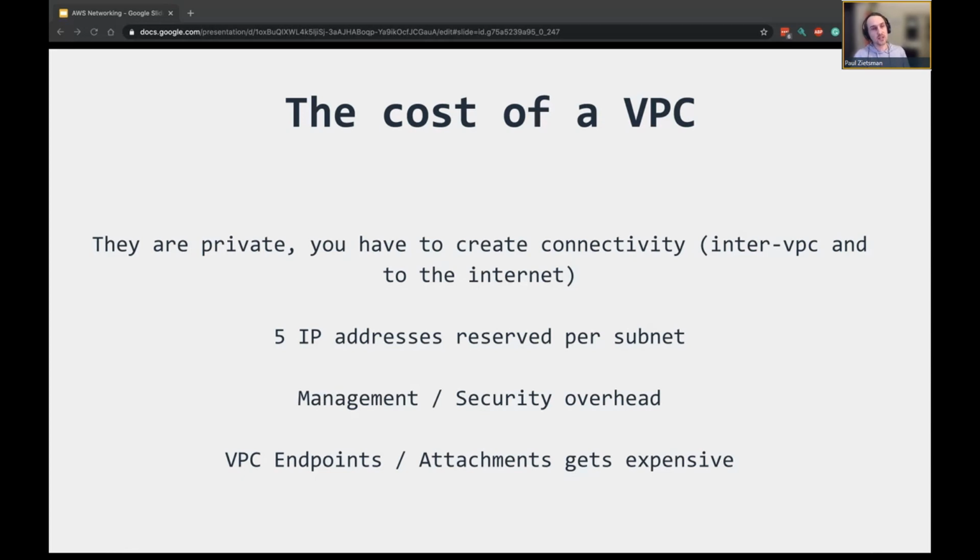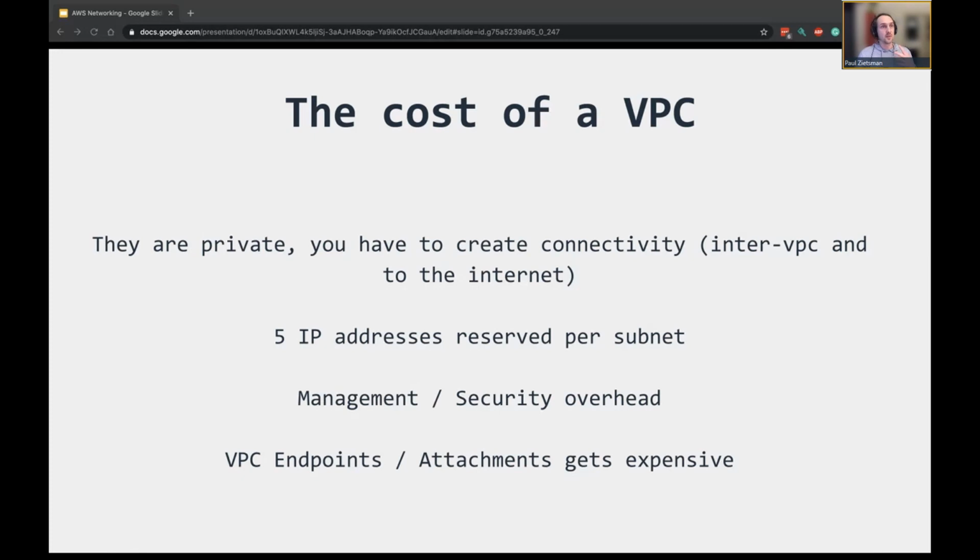And then VPC endpoints. It would be quite interesting to see, of you guys who run your own AWS accounts, how many of you are actually using VPC endpoints? In a corporate environment, that's a very attractive thing, a VPC endpoint, where you get a direct link to an AWS service in your VPC, going over the AWS backbone.